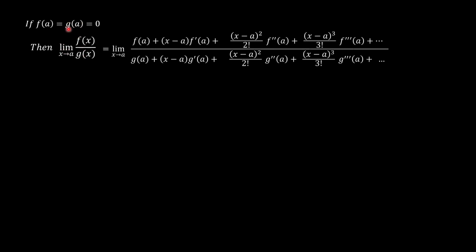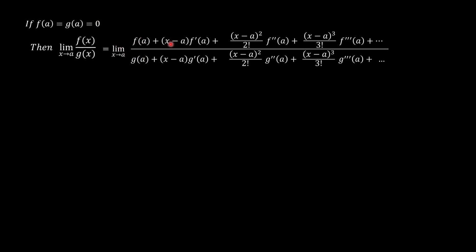That is, limit x tends to a, Taylor series expansion of f of x is f of a plus x minus a into f dash of a plus x minus a whole square by 2 factorial into f double dash of a and so on, divided by g of a plus x minus a into g dash of a plus x minus a whole square by 2 factorial into g double dash of a and so on. Observe that f of a and g of a are equal to 0.